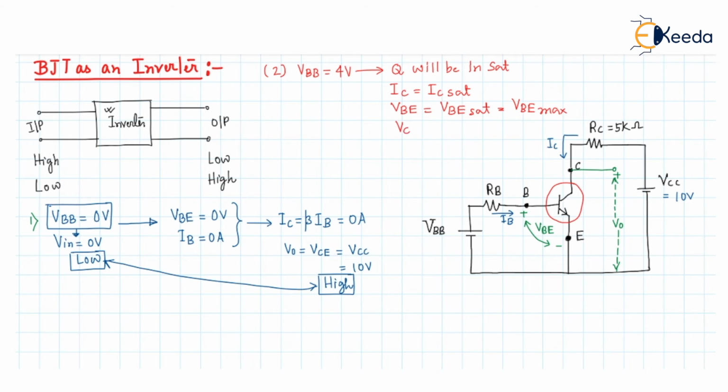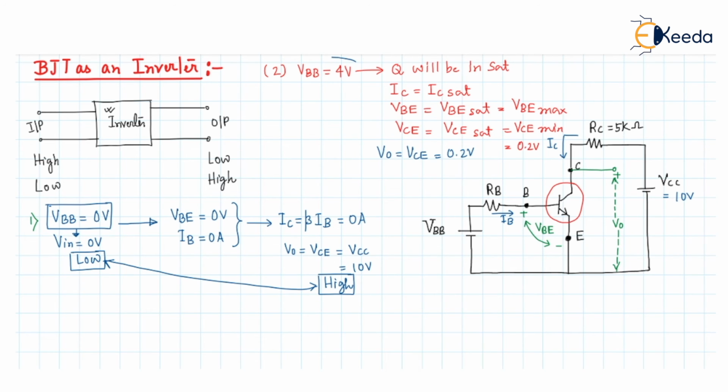The VCE, that is the collector to emitter voltage, will also be in saturation, that is VCE minimum. You know the VCE minimum is 0.2 volt. So we can say that the output voltage V0, which was equal to VCE, will now be 0.2 volt.